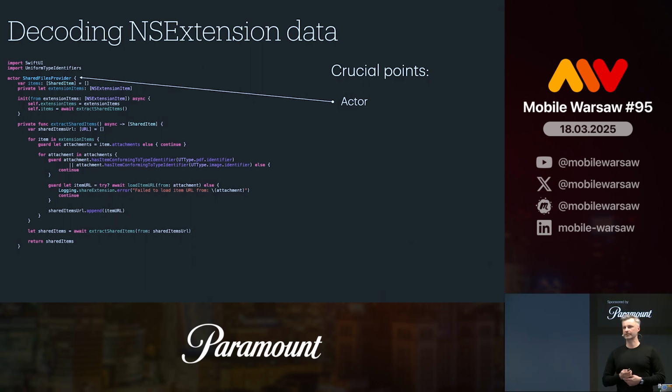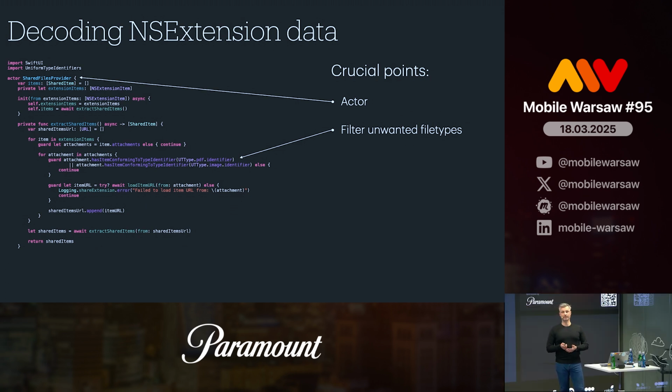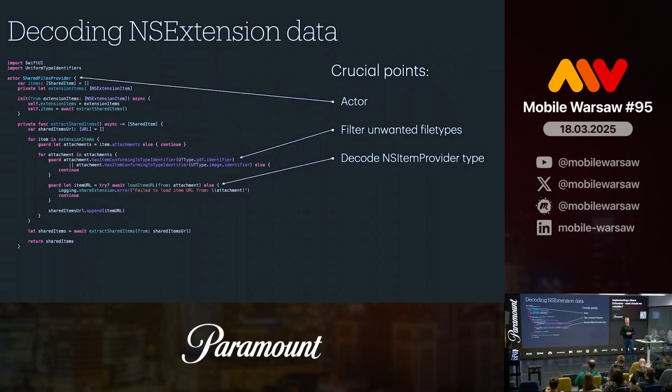I used actors. Unfortunately, because the whole code base is in SwiftUI, if the iOS extension uses Objective-C code, we need to wrap everything. Here we are filtering unwanted file types because the user can share everything, and sometimes it happens in my example.